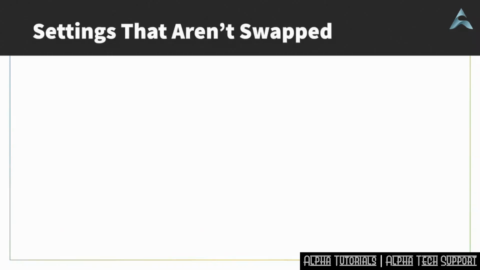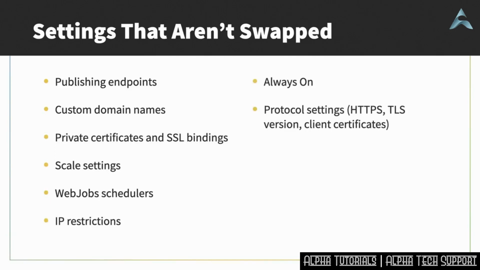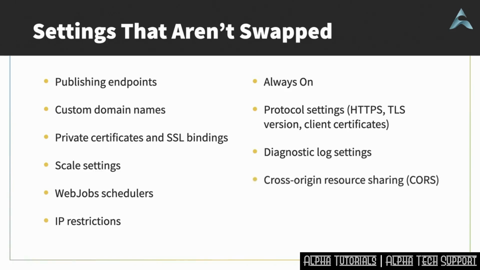But there are other things that cannot be swapped even if you want to: publishing endpoints, custom domain names, SSL bindings, scale settings, IP restrictions, protocol settings like the TLS version, and of course, CORS configurations. All of those are things that you cannot swap.